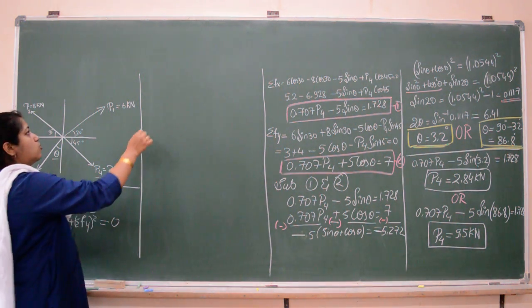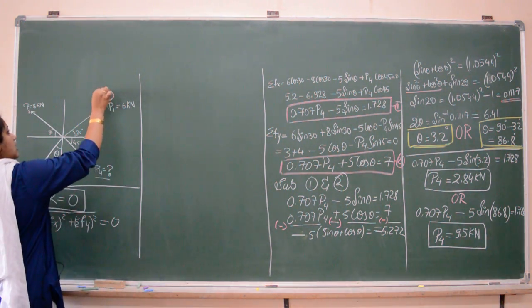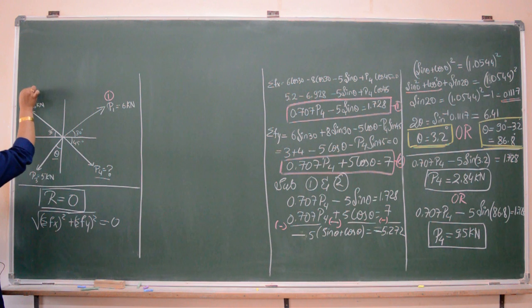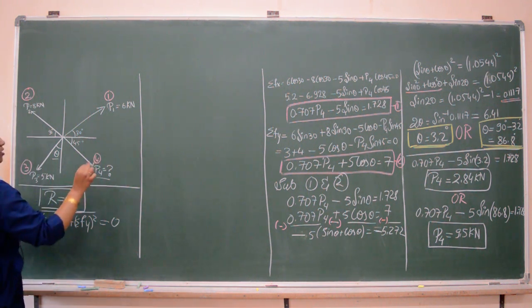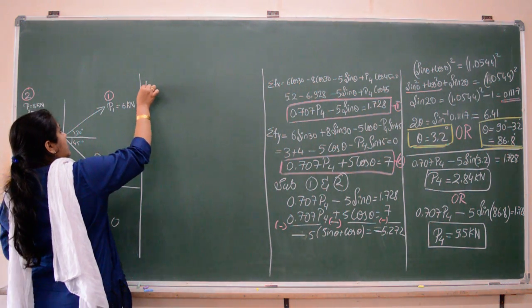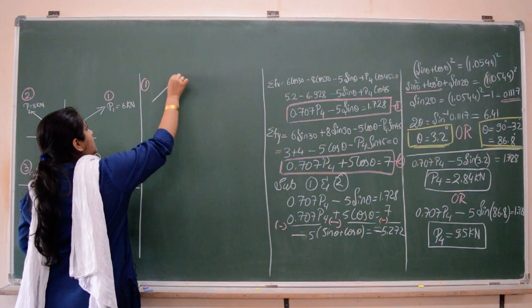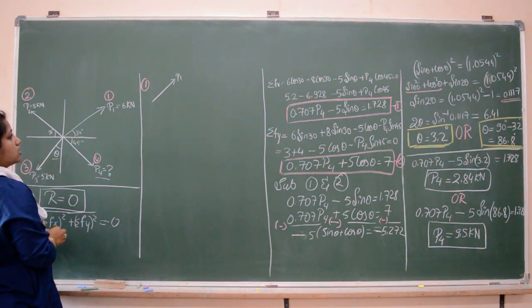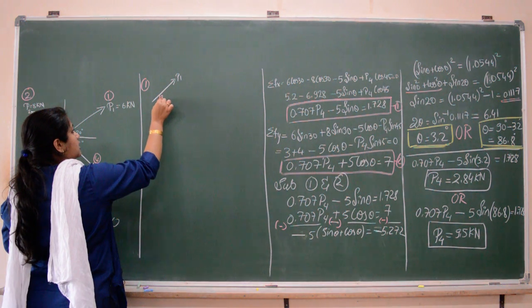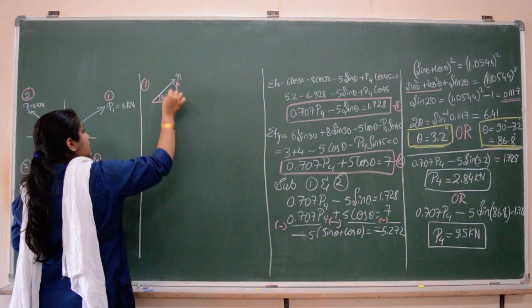The first and foremost step remains the same. We need to resolve the given forces into x component and y component. Taking the forces one by one, first one, this is P1, which is acting in the outward direction. The angle given here is 30 degrees. Therefore, I am going to resolve it in this manner.